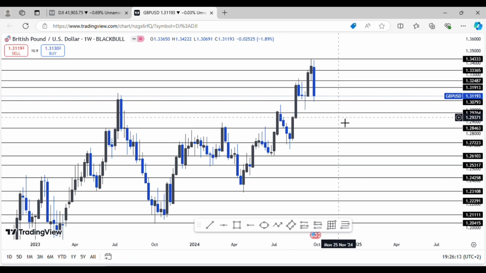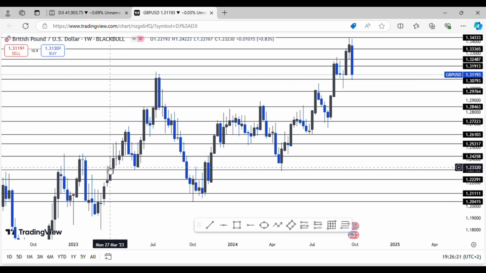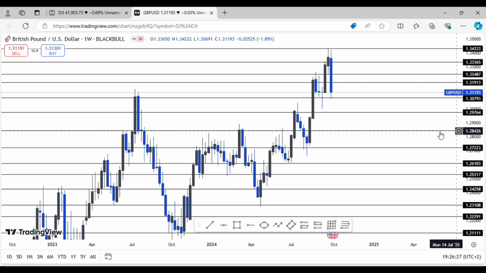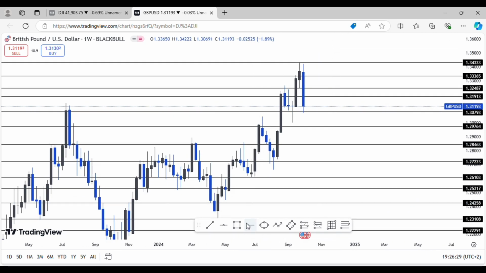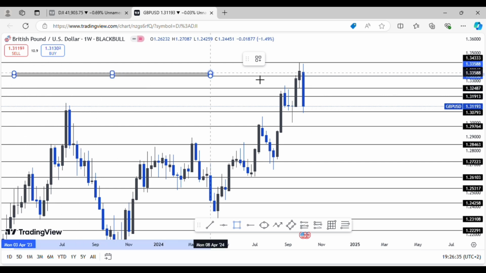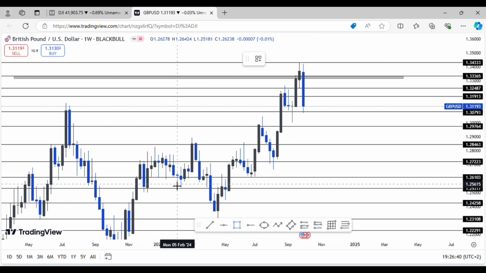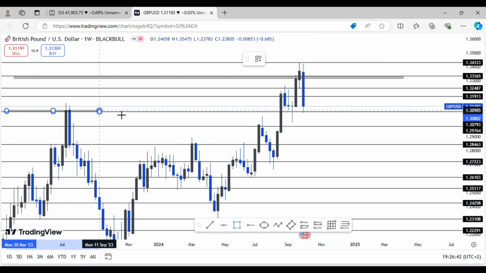So guys, I'm back. I'm done identifying my zones. As you can see, guys, how well these zones are being respected. You can see that these zones are very respected, guys. So there's only one thing that I will do. I'll just use that tool and then identify my resistance that needs to be retested, and then also identify my current support that the market is at.